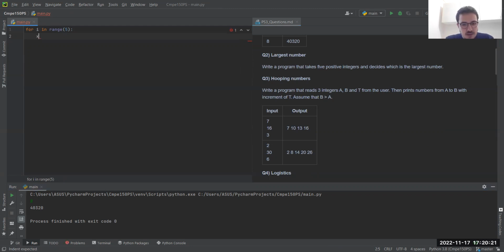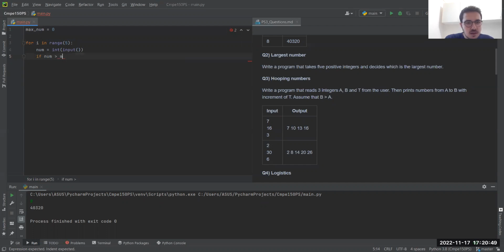And then I can take an input named num, and it should be an integer. So I'm writing int input. And if this num value is bigger than something, I should define it first of all up here, max num can be 0 first of all, and I will explain the logic behind this.